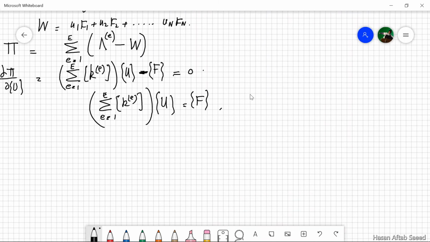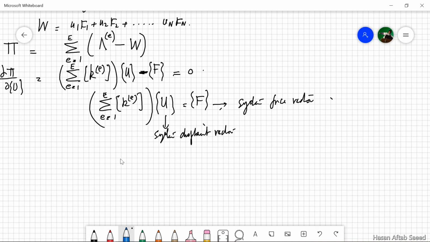Now we have the same shape, but this one is the system displacement vector, the system force vector, and this summation, how to sum this up? This is affected by something called the connectivity table. This is very simple. We will illustrate this by an example.